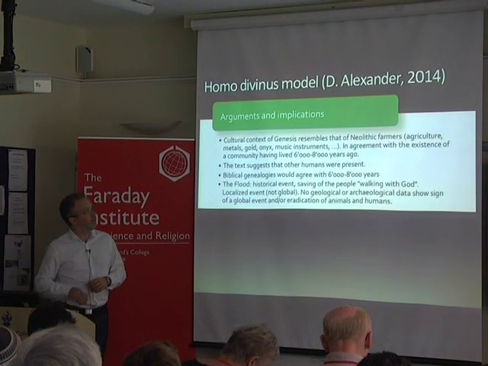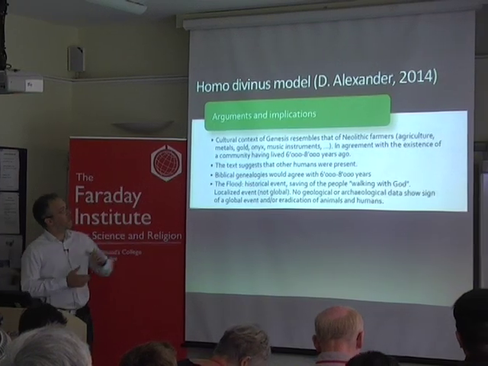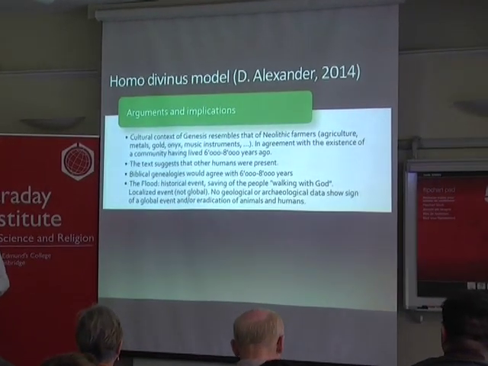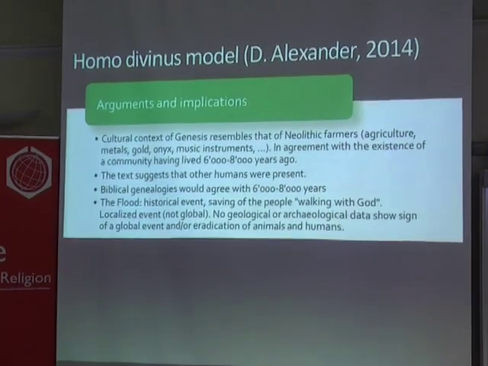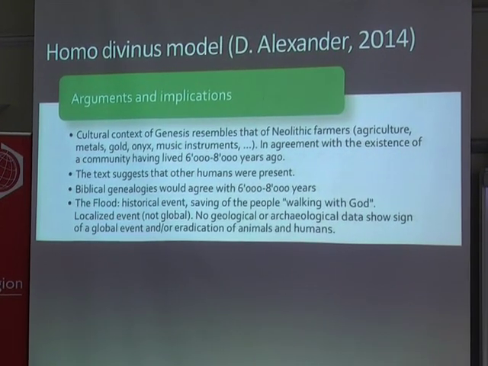Arguments for that model and implications: well, the cultural context of Genesis resembles that of the Neolithic farmers, agriculture, metals, etc. It's really in agreement with the existence of the humanity that lived at that time. The text suggests that other humans were present, and we discussed that with Lance this morning.